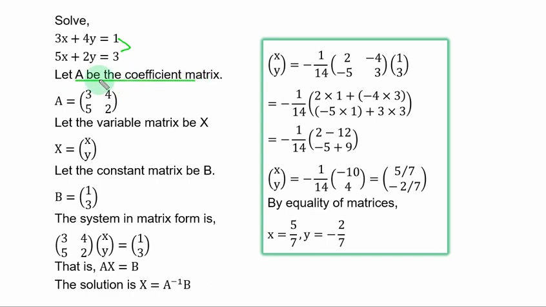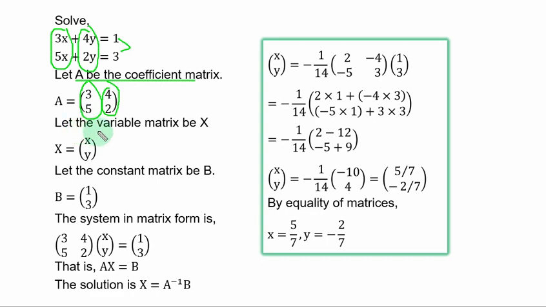Let that matrix be A. So you take it row-wise or column-wise. If we go by column-wise, the coefficient of x in both equations, you have 3, 5. That is the first column. Then for y, you have 4, 2. That is the second column.